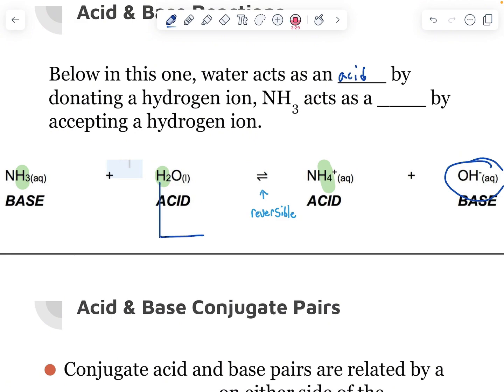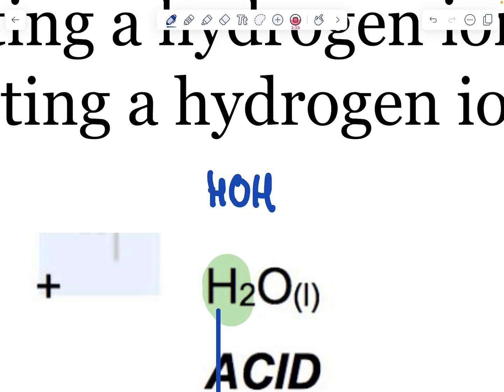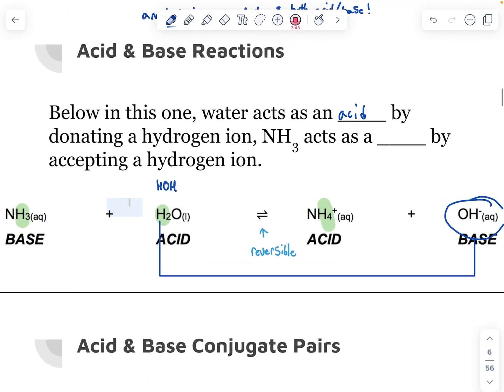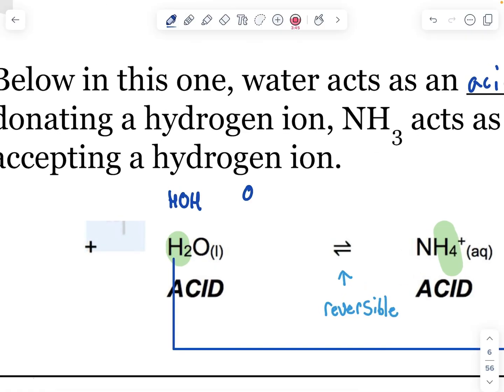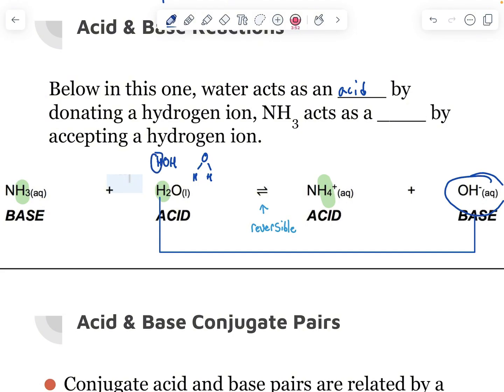If we write water instead as HOH, kind of its Lewis dot formula or Lewis structure formula, you can see that these atoms are bonded together like this, and that's how we write HOH. We can see that this H here, let me choose different colors, sorry, so we can see that clearly.